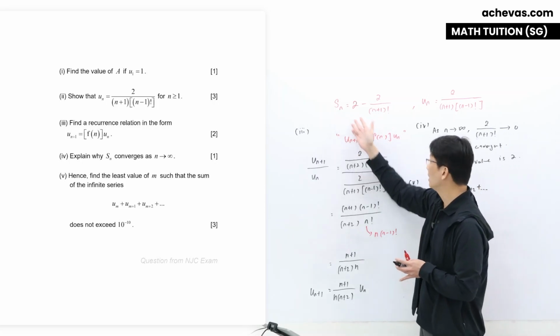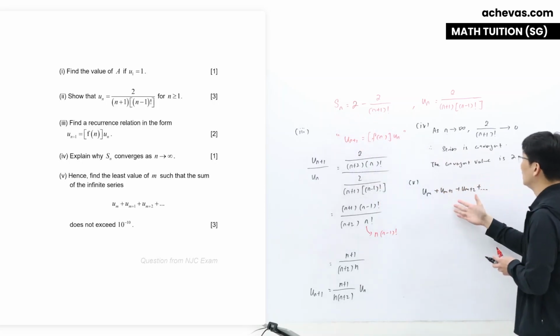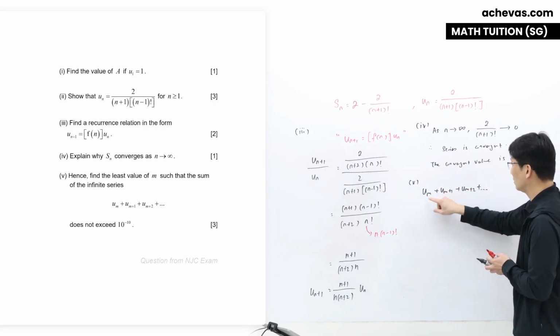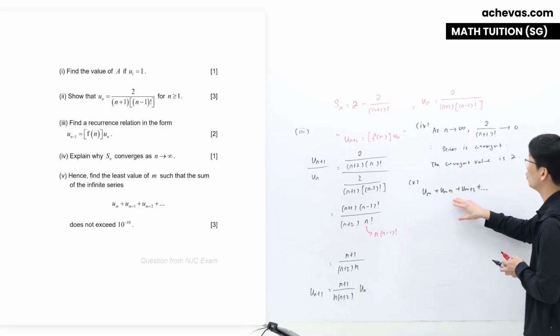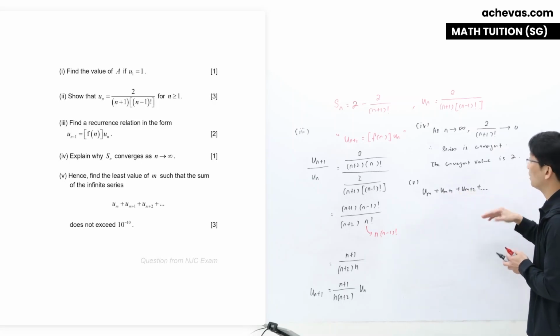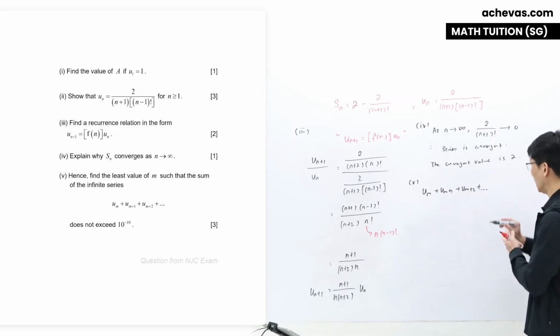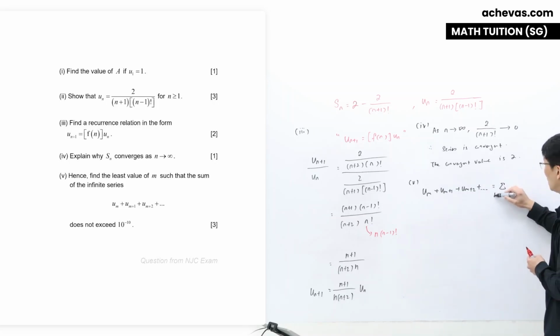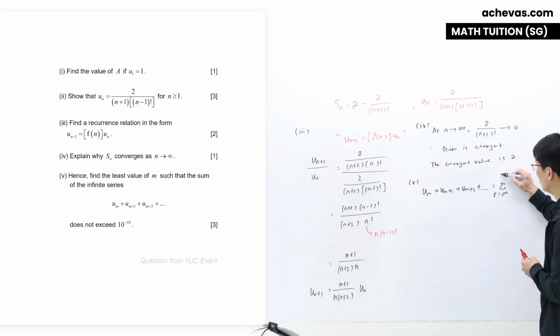This is my Sn expression, and it looks like a sum of all the different terms. So maybe we can rewrite this in summation form first. It will be equal to the sum from r equals m to infinity of ur.